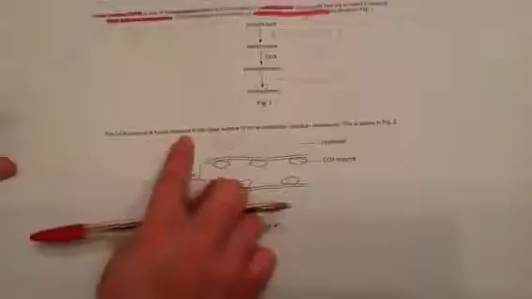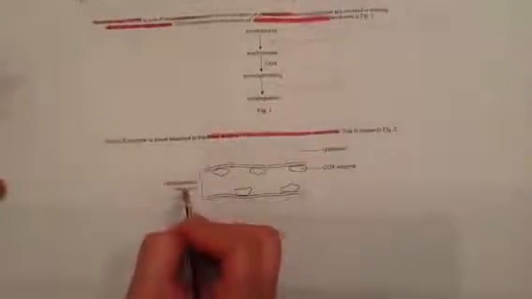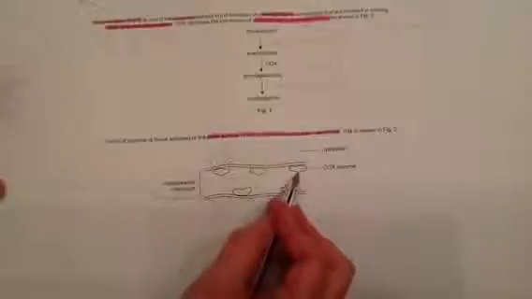Now at the bottom here, it shows us that the cyclooxygenase enzyme is found attached to the inner surface of the endoplasmic reticulum. So inner surface of endoplasmic reticulum. Now we've heard of endoplasmic reticulum before, and they're showing you a diagram of it here and showing you where the cyclooxygenase enzyme is attached to this inner surface.